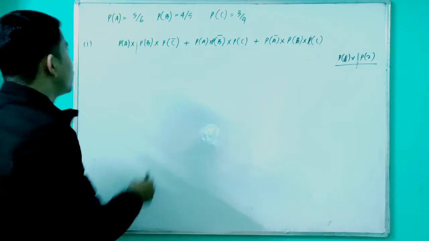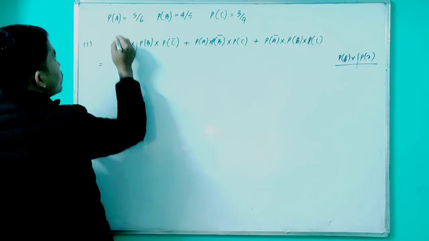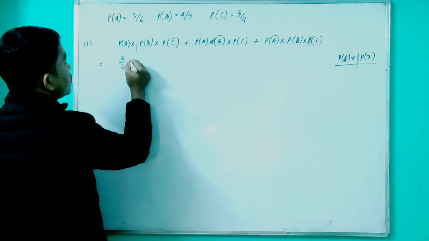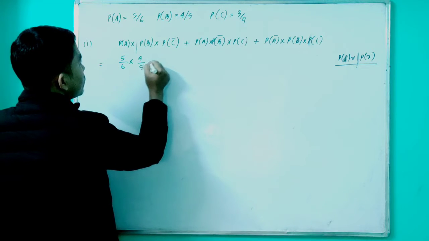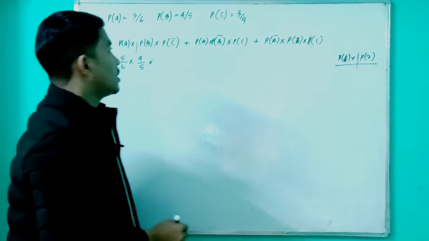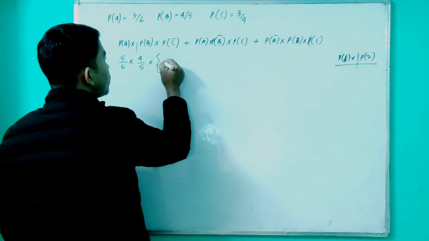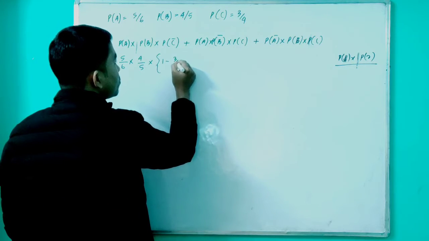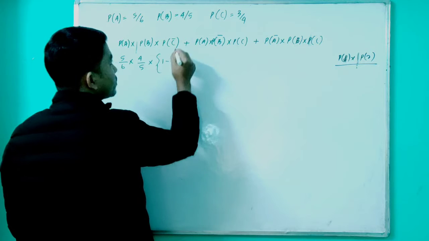Now we simply substitute the values. This will be equal to 5/6 times 4/5 times, what is the probability that C will not hit the target? It is simply 1 minus 3/4, which you have already learned in class 10 also.